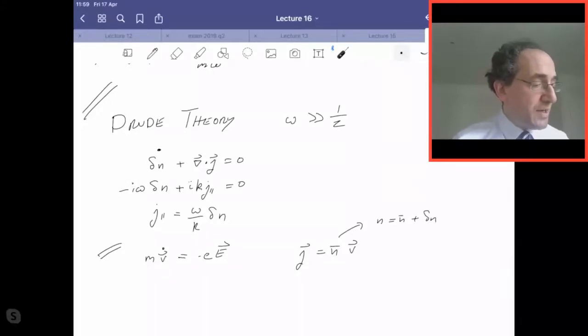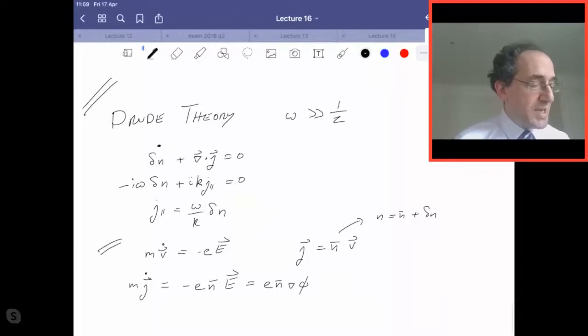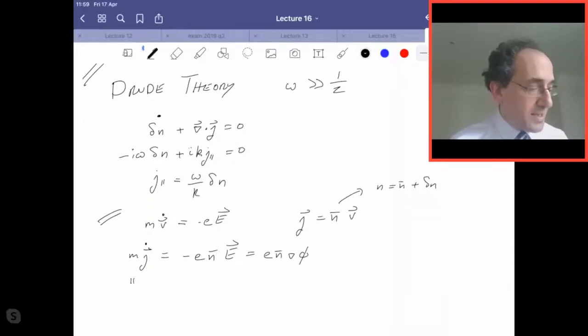And that allows me to plug in to Newton's equation over here to give me m j dot is minus E times the average density times the electric field, which is nice to write as E n bar times the gradient of a potential. And then we can take j dot and write it as minus i omega j. And then over here on this side, we can write this as minus i k E n bar phi.